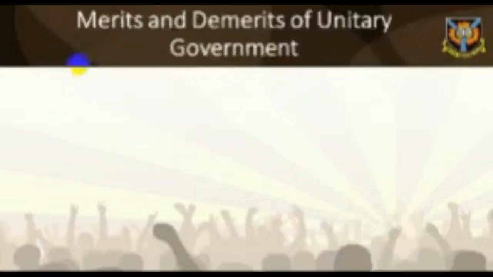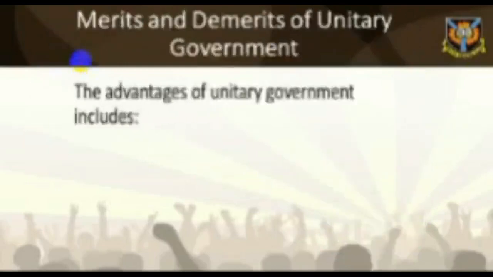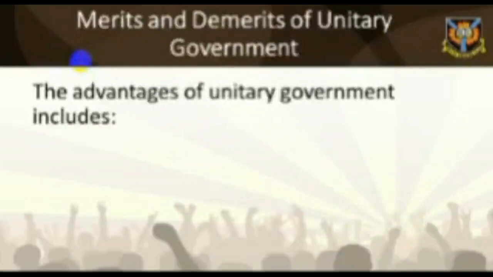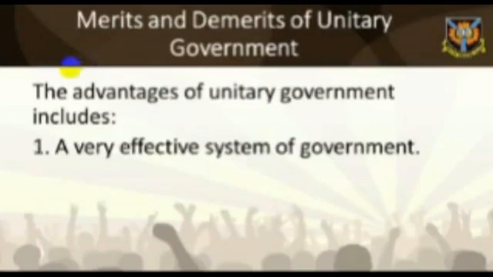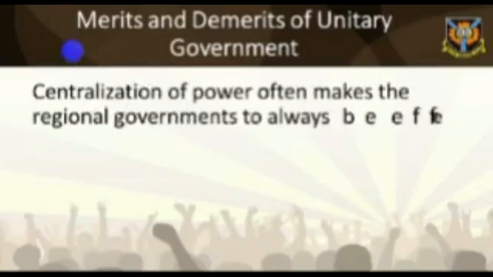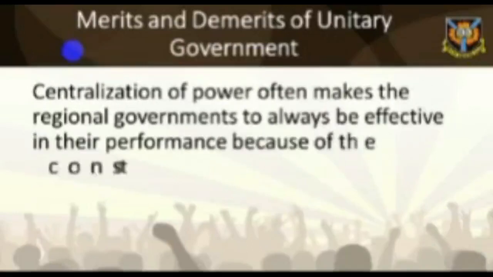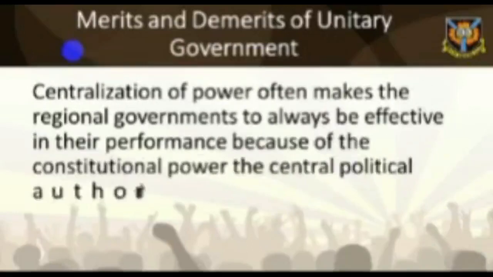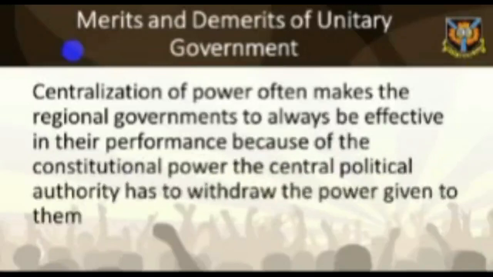Merits and demerits of unitary government. The advantages of unitary government include: 1. It is a very effective system. The centralization of power often makes the regional or state governments always be effective in their performance because they know that the central political authority has constitutional power to withdraw the power given to them.